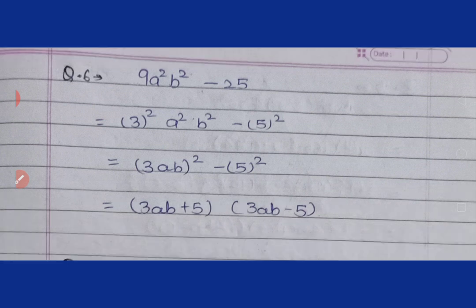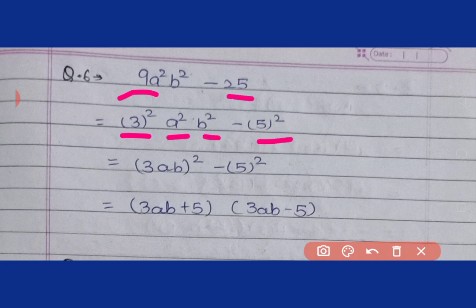We are going to solve the next question. Here it has given 9a square b square minus 25. As you know that 9 is the square of 3, so it is written 3 square a square b square and 25 is the square of 5. So here 3 to the power 2, a to the power 2 and b to the power 2.